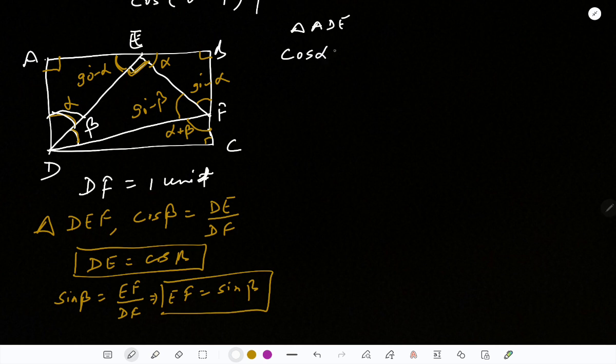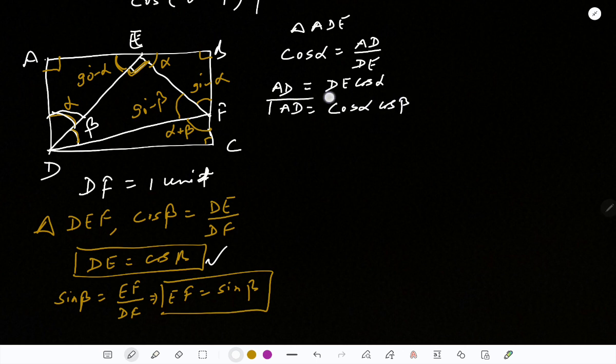Cos alpha will be base, that is AD, upon hypotenuse DE this time. AD can be written as DE cos alpha, and that DE you already have, this is equal to cos beta. That means AD equals cos alpha cos beta. So congratulations again, you got one more value, AD.